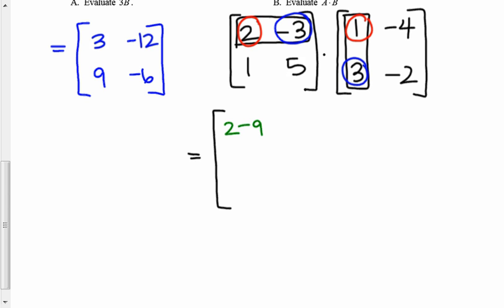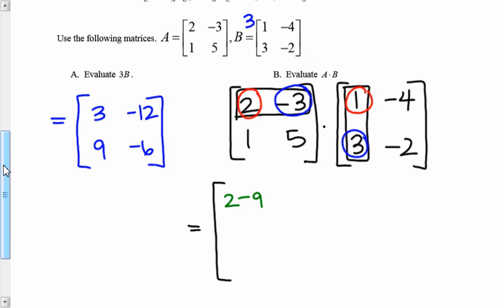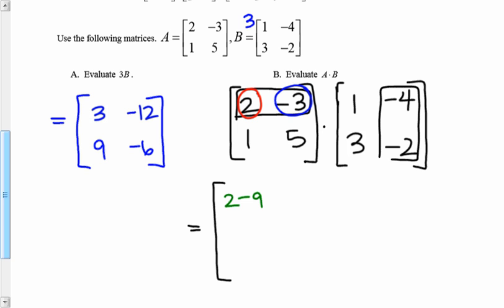So I'm going to go back up here and erase a little bit. I'm still working with the first row in my left matrix, but I'm going to move on to the second column in my right matrix. This time I'm taking 2 times -4, and I'm taking -3 times -2 and adding those together.